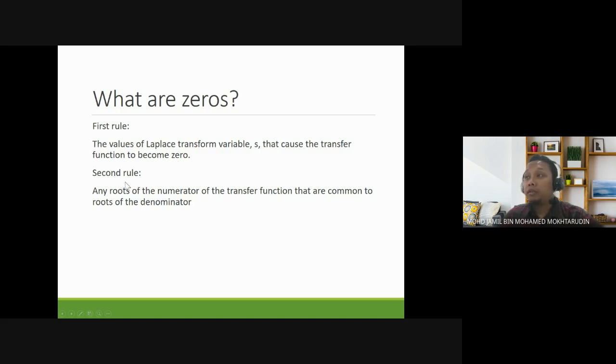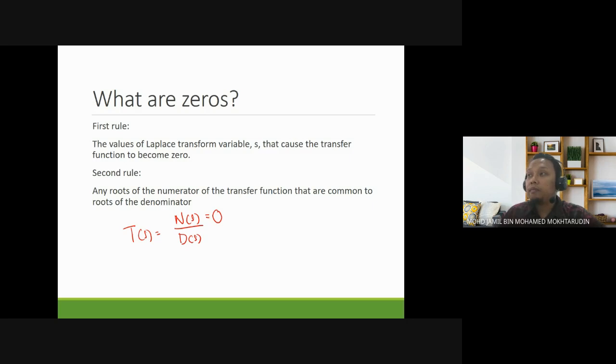The second rule is that they are the roots of the numerator that are common to the denominator. So again, T(s) equals numerator divided by denominator, and zeros are the values of s when the numerator equals 0.